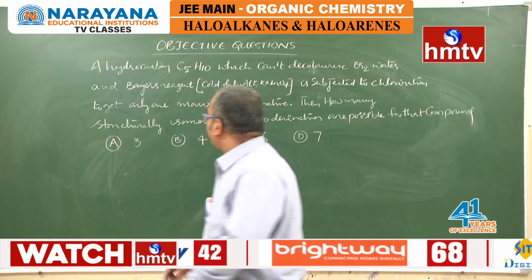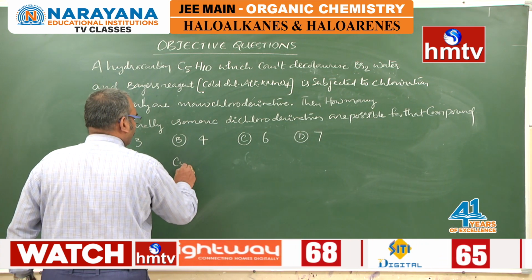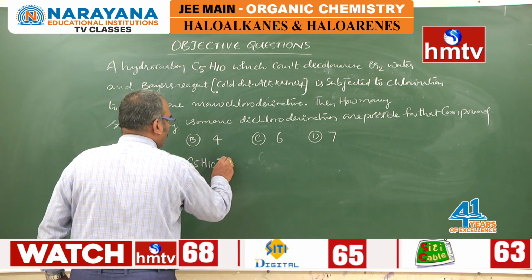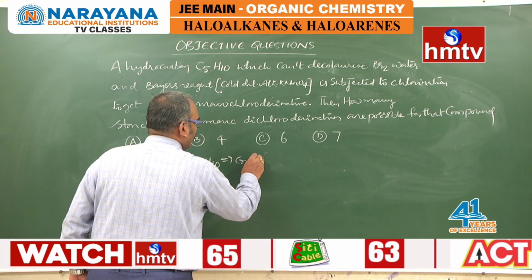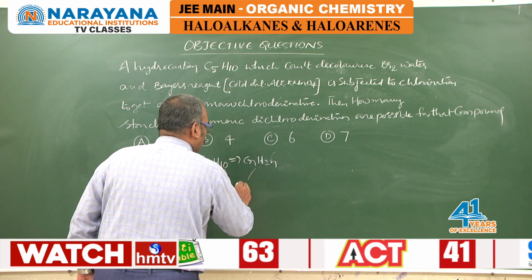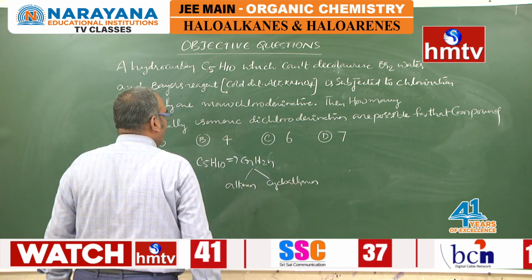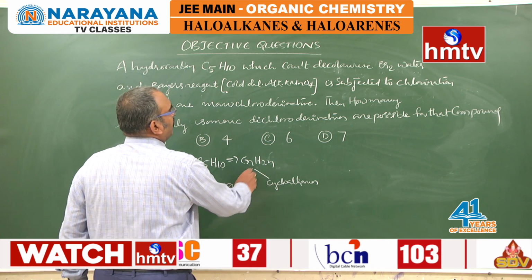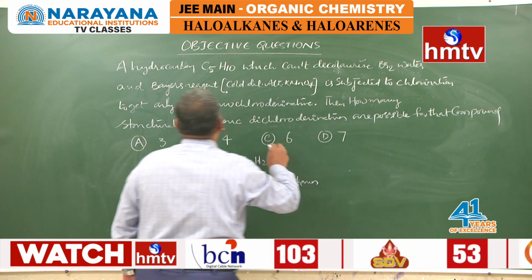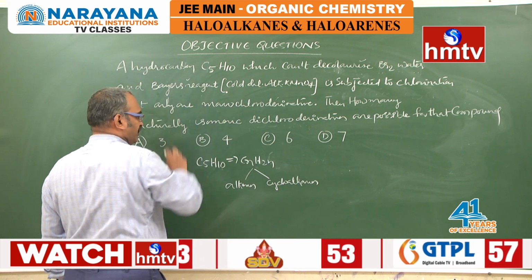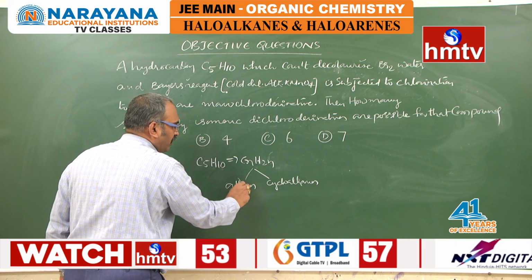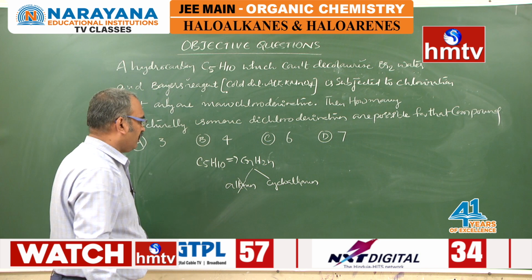So let us see. C5H10 represents the general formula CnH2n, which is possible for both alkenes and cycloalkanes. If it is an alkene, it must decolorize bromine water and Bayer's reagent. It is not decolorizing them, which means it is not an alkene.